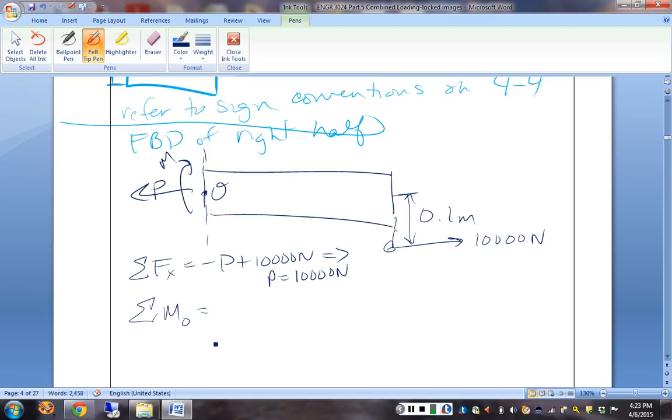Let's go to Miss Arnold. If we're talking about O as the reference point, what's the moment arm for that force?